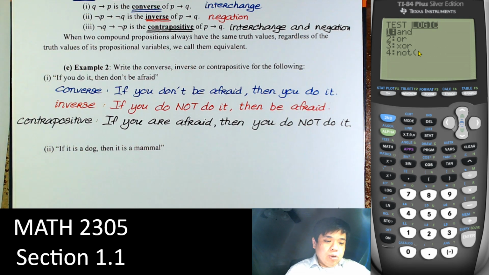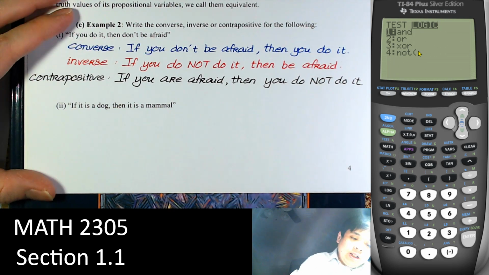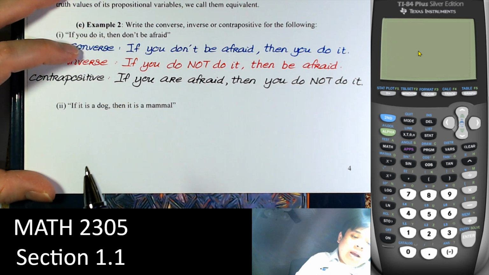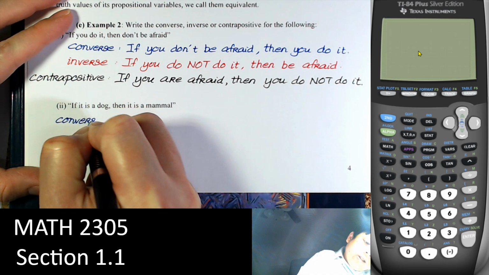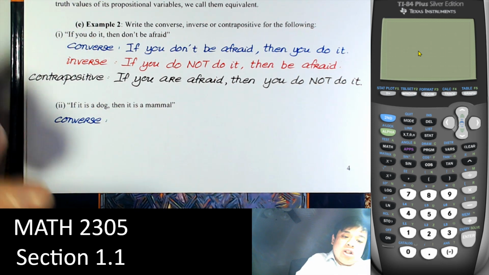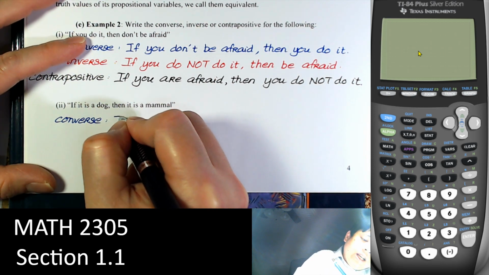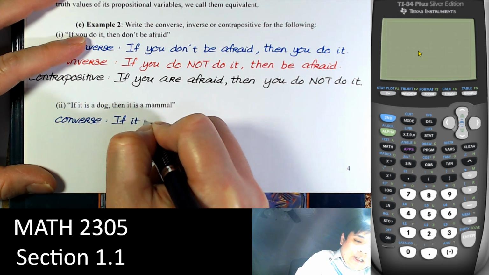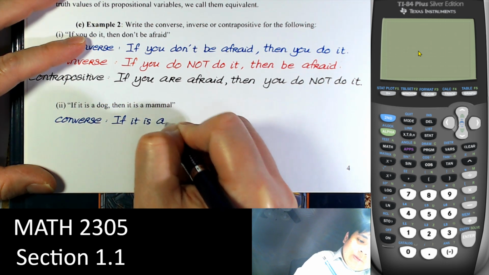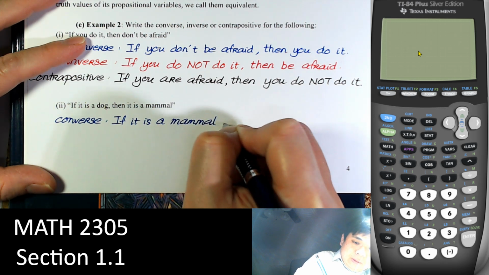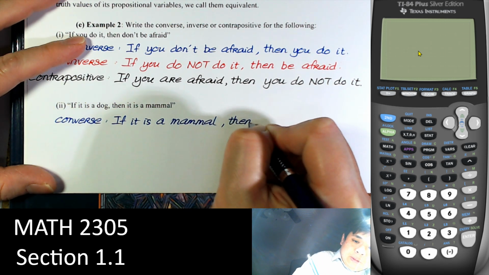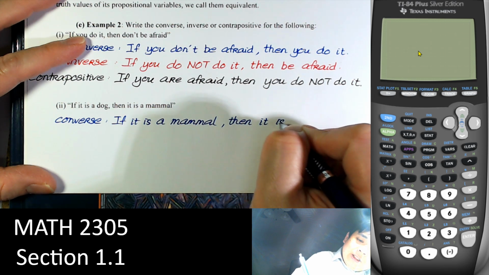Right, I'll do the same thing for the next example. If it is a dog, then it's a mammal. So converse. Just interchange. If it is a mammal, then it is a dog.